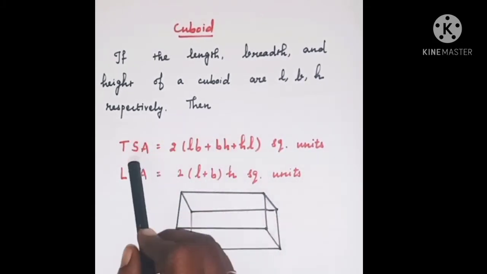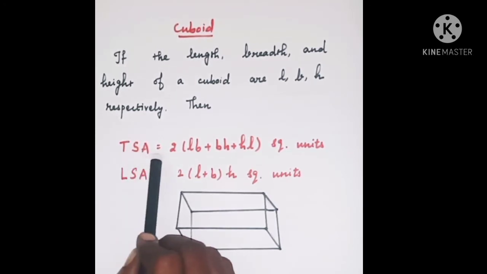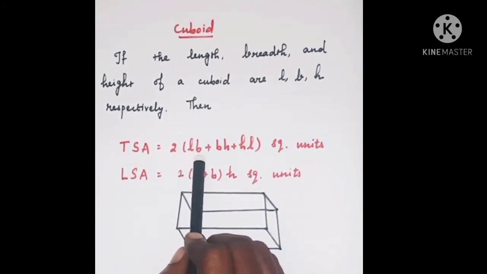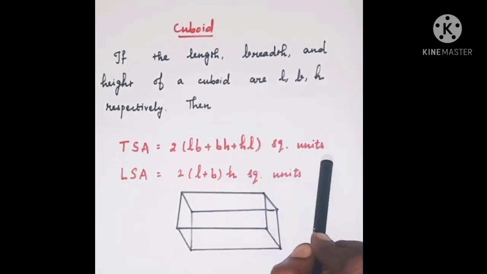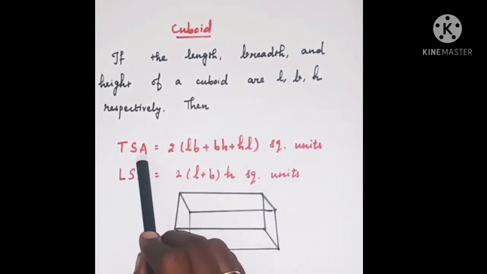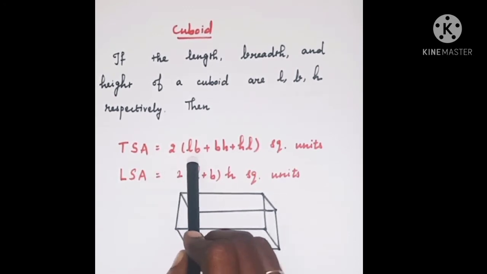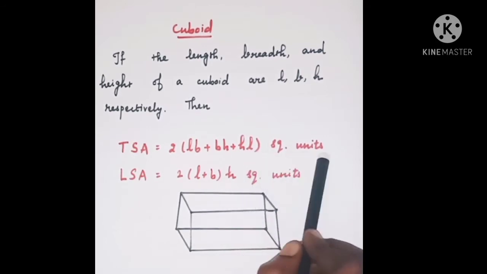Then the formula for total surface area, that is TSA, is equal to 2 into LB plus BH plus HL square units. Total surface area of the cuboid is equal to 2 into LB plus BH plus HL square units.